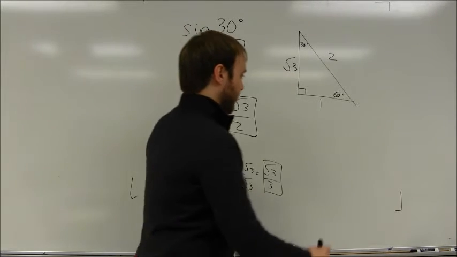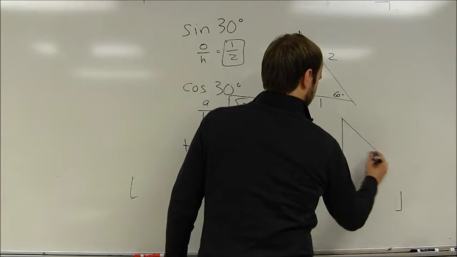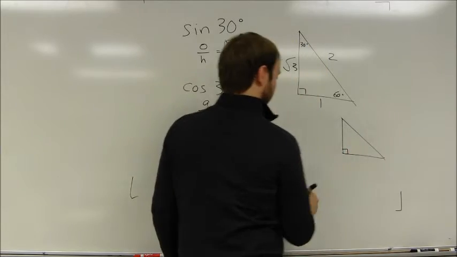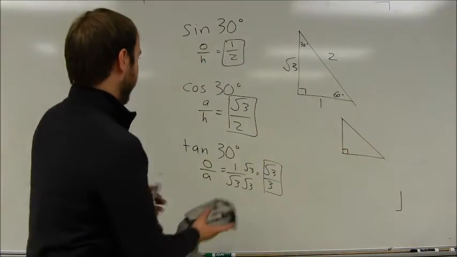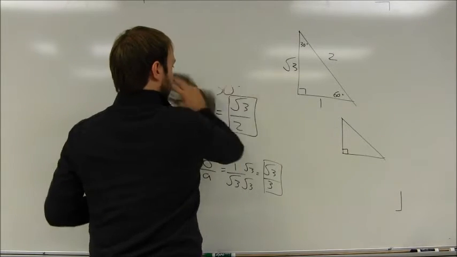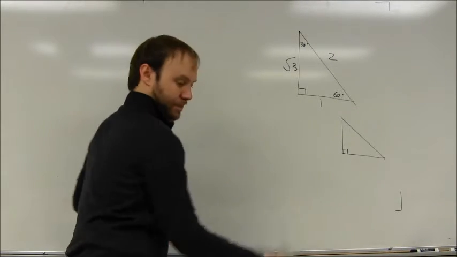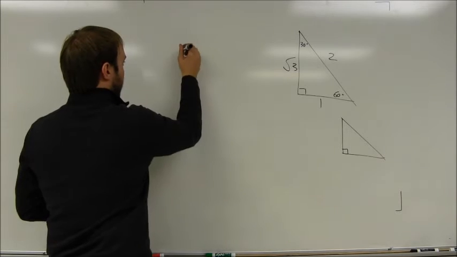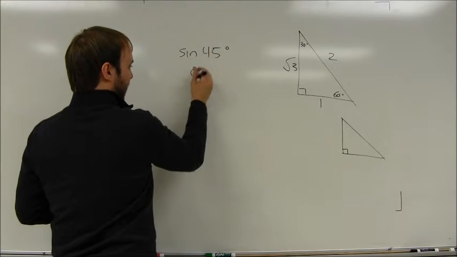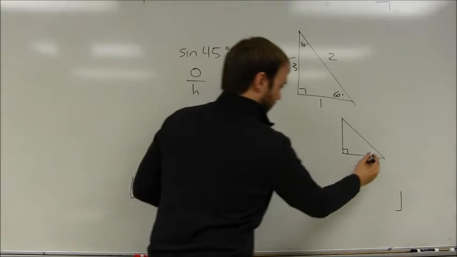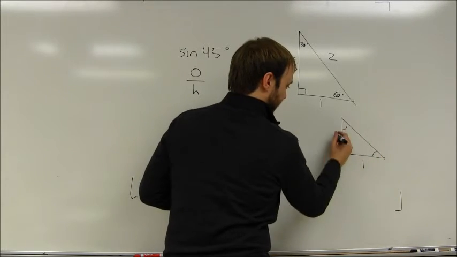You can do the same thing with 45-degree angles. You can make a little 45, 45, 90 triangle. So for example, if I want to find the sine of 45 degrees, well, sine is the opposite side over the hypotenuse. So again, make yourself a little 45, 45, 90 triangle.